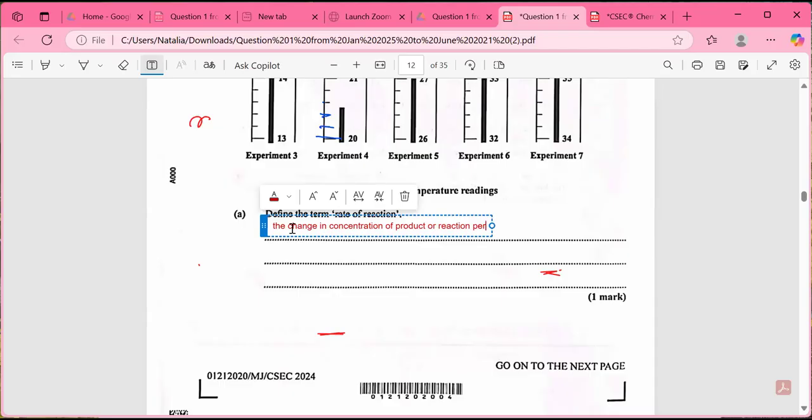It says the change in concentration of product or reactant per unit time at a specific temperature. Clear?